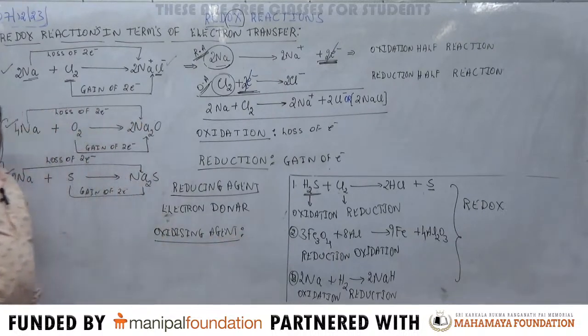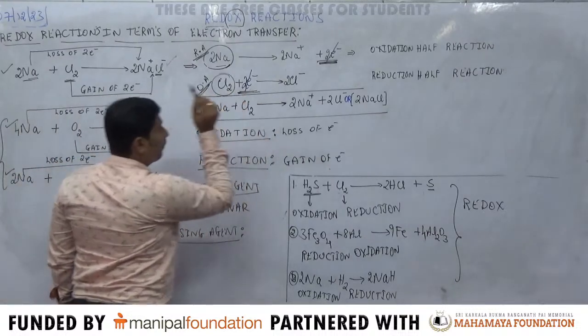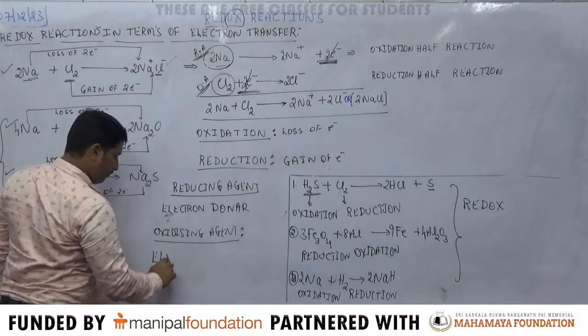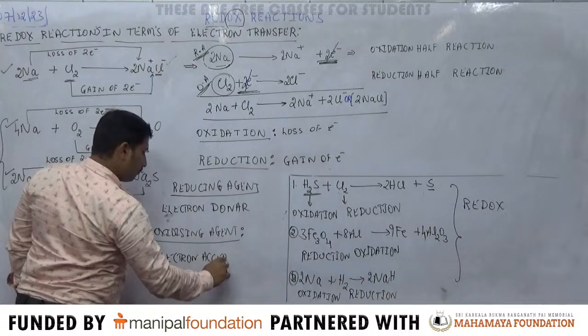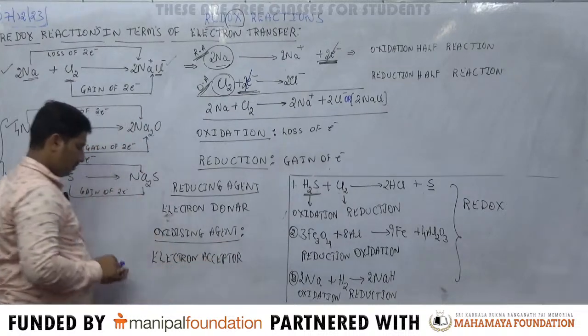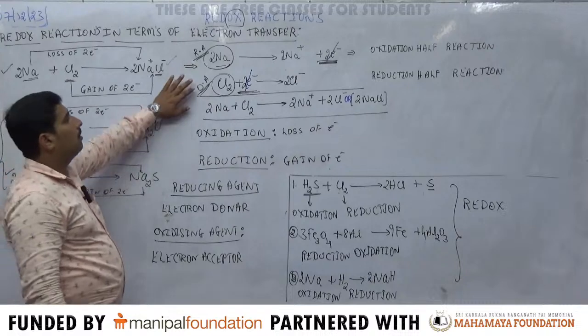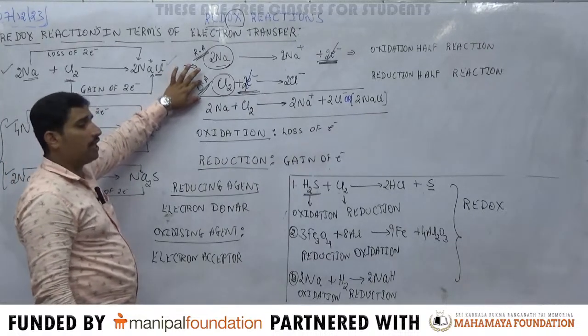So oxidizing agent, electron acceptors. So here you can make out the oxidizing agent. It is helping for the oxidation.